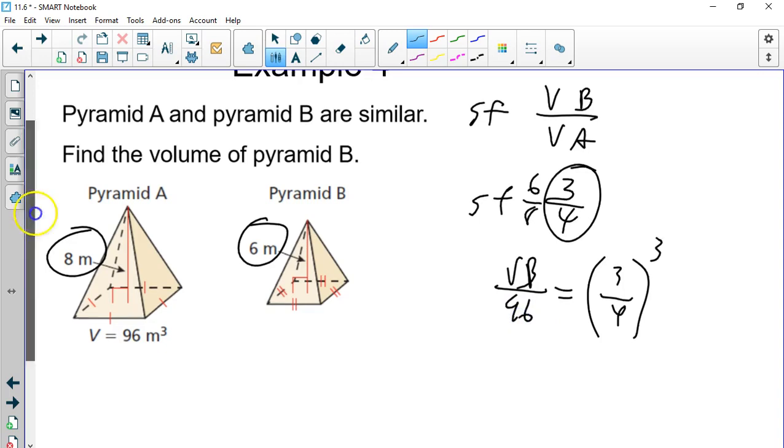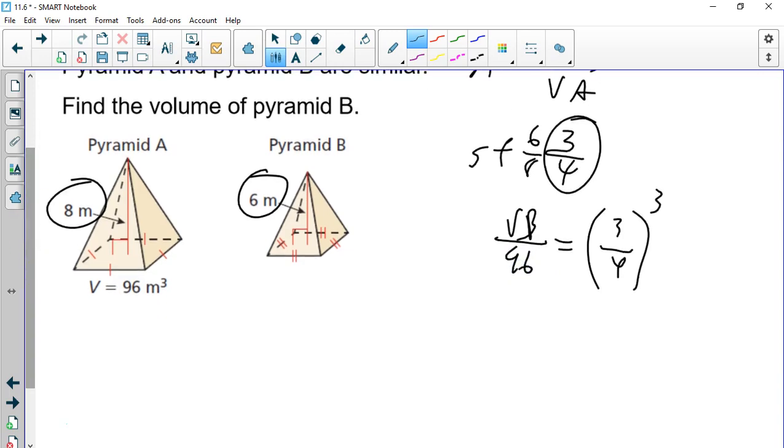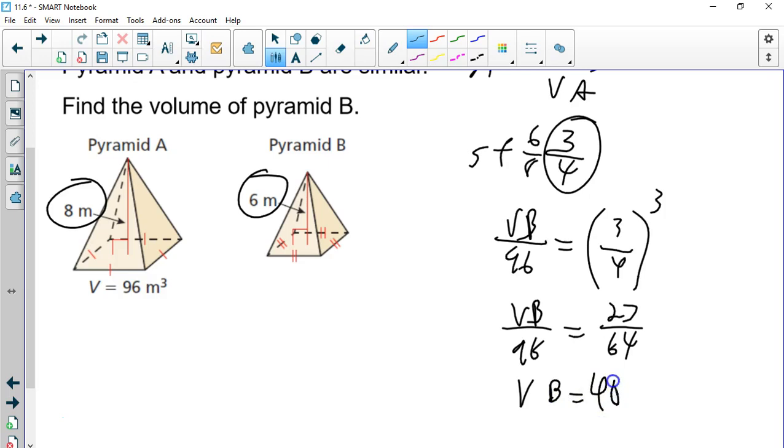Now it's a simple matter of calculation. The volume of B over 96 equals 3 cubed over 4 cubed. Now we just cross multiply and divide: 27 times 96 divided by 64. And the volume of B is 40.5 cubic meters. That's it.